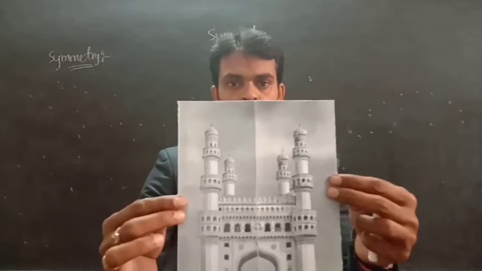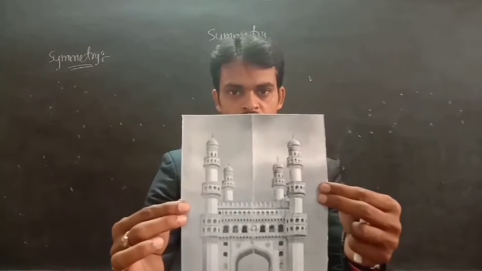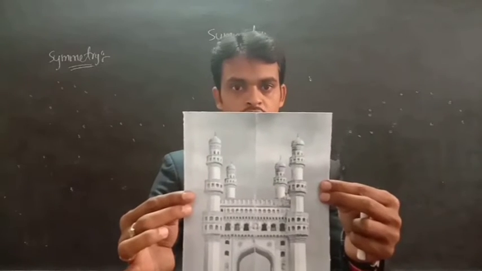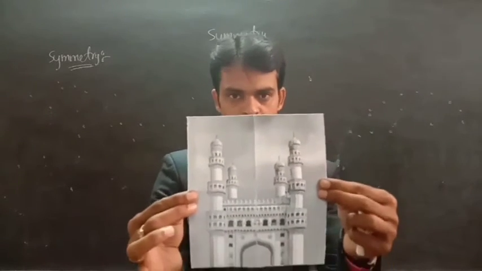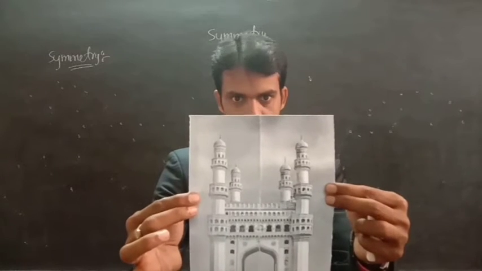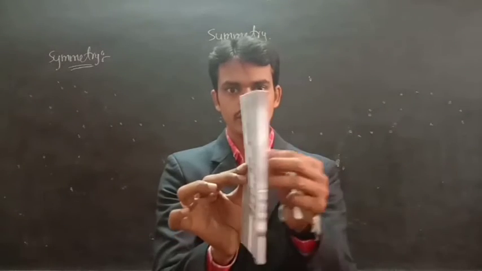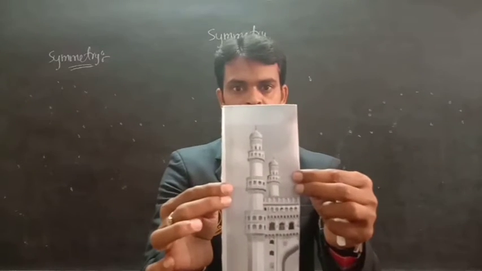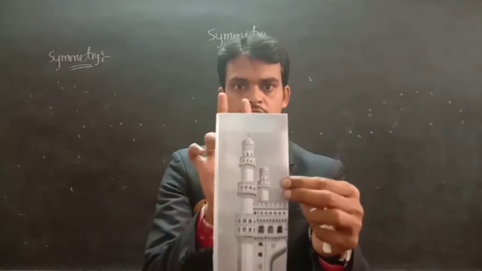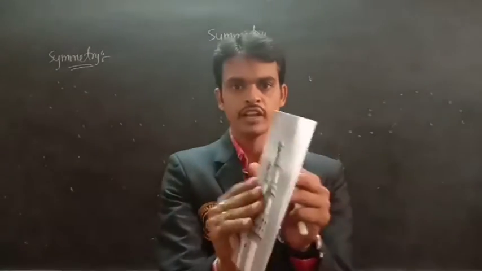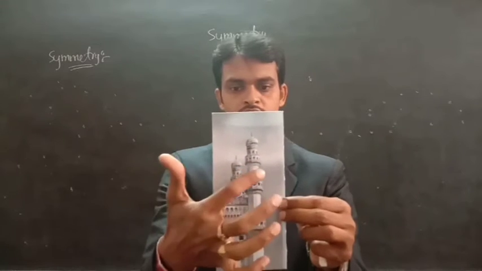Look at here. What is this? Yes, this is a Charminar, one of the historical places of Telangana. So this Charminar figure I folded like this. Look at the parts. So Charminar I divided into two parts. Here looking 2 minutes, and here also looking 2 minutes.